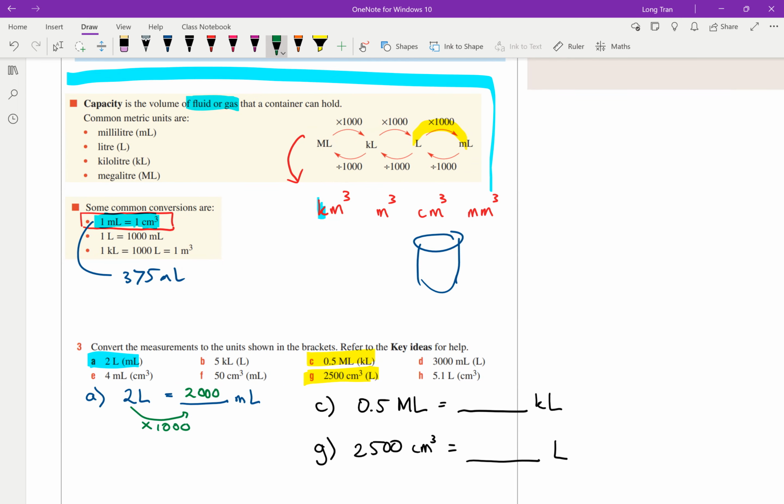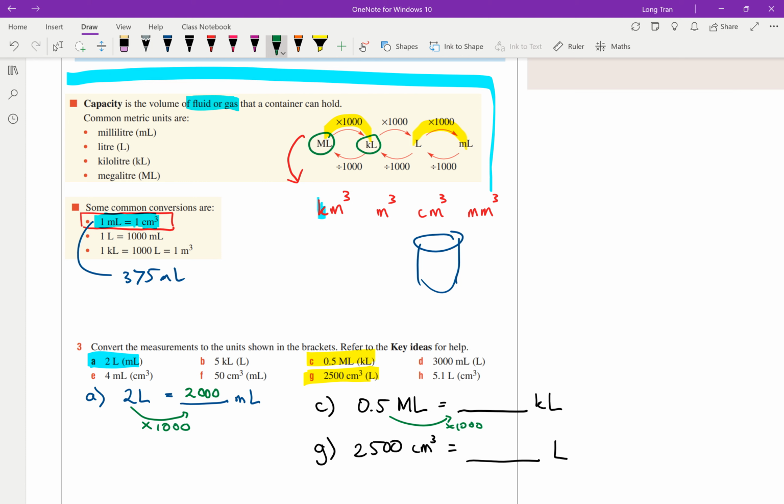Here we go. So again, we want to go from megaliters for the first question, 0.5 megaliters into kiloliters. What do I have to do? Let's go with Luke. Based on the diagram, to convert from megaliters to kiloliters, times by 1,000. Very good. I'm timesing by 1,000, so I want you to write times 1,000.